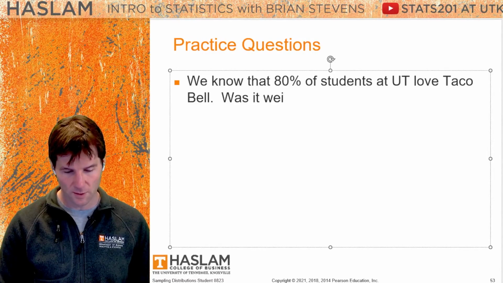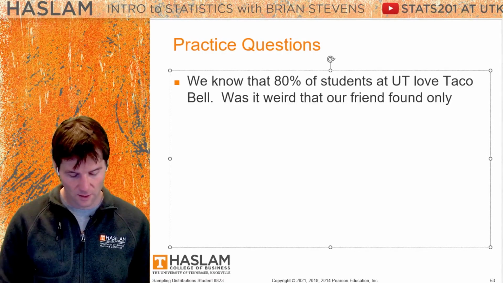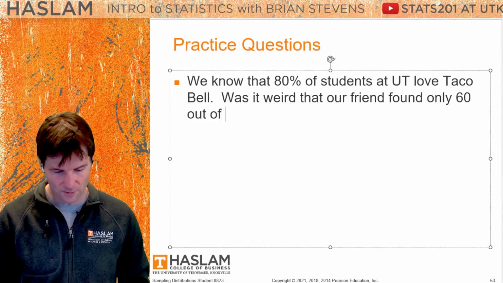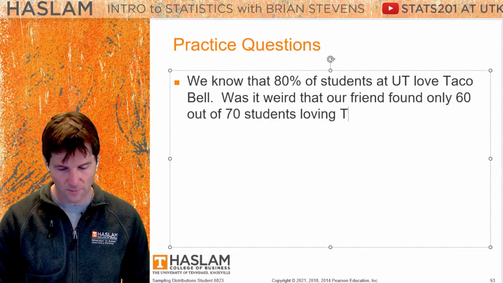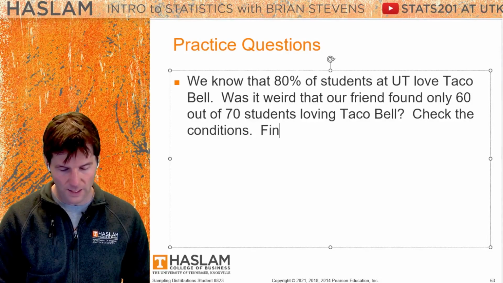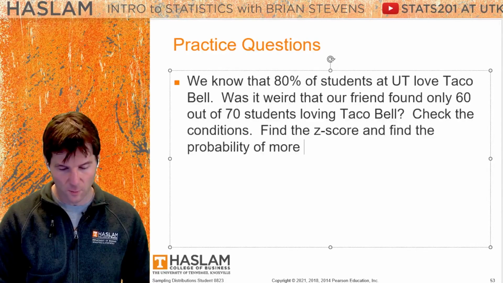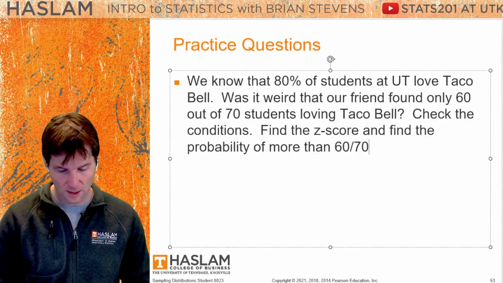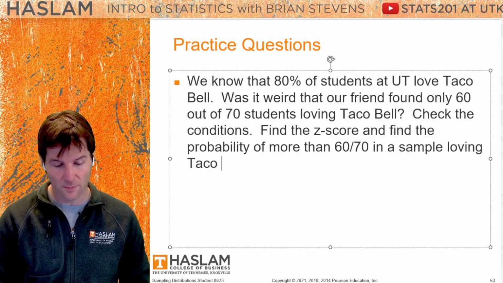Was it weird that our friend found only 60 out of 70 students loving Taco Bell? Check the conditions, find the z-score, and find the probability of more than 60 out of 70 in a sample loving Taco Bell.